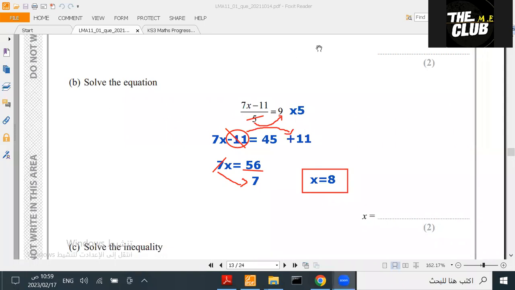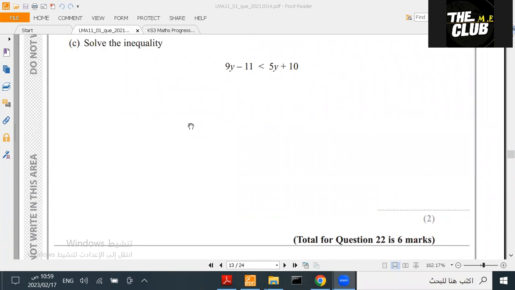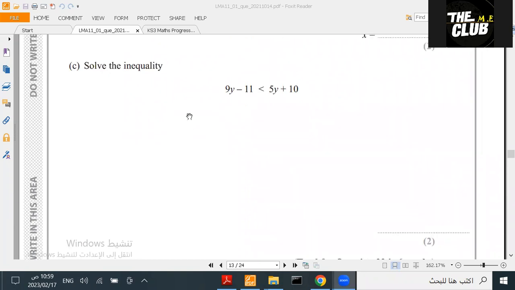Now let's move on to the next question. Question C, solve the inequality. Solving the inequality means, you don't have to show it on a number line, but simplify it as much as possible. The inequality sign works the same as an equal sign, so we can move things from the right and left sides.